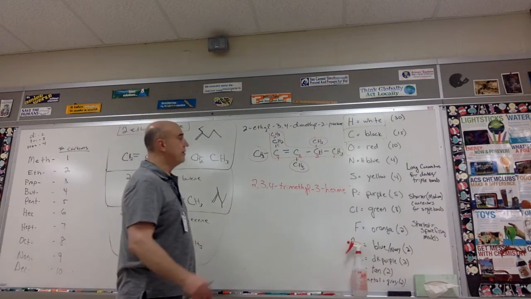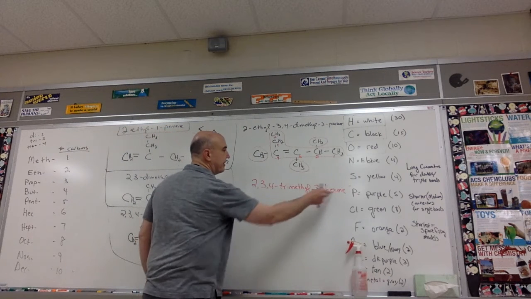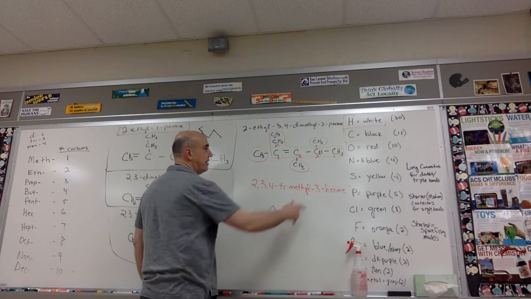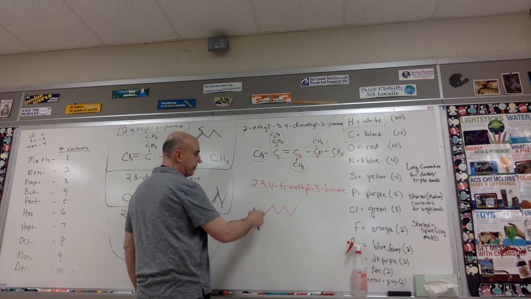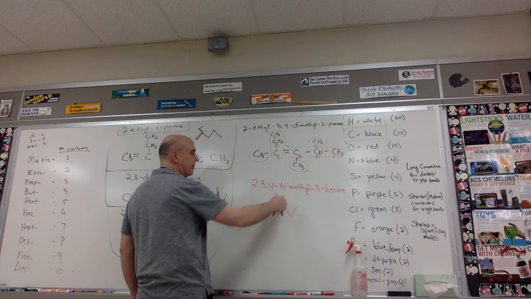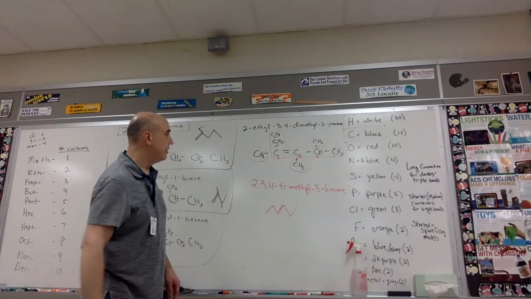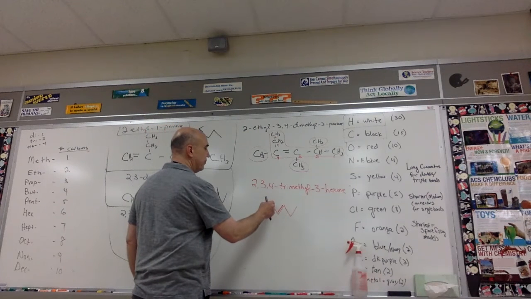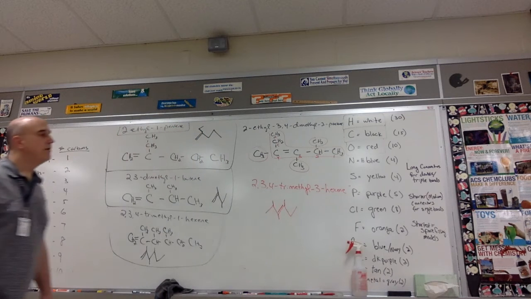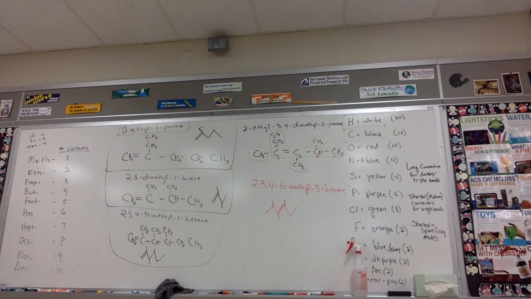And then again, if you want to draw this using the stick model, I have a 6 carbon chain, 1, 2, 3, 4, 5, 6. Double bond off the third carbon. So 1, 2, 3, means it's coming off the third to the fourth. And then a methyl group off my second, third. It doesn't look the same as the one up there, but it's really the same.